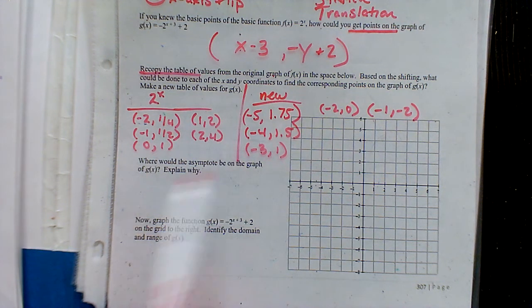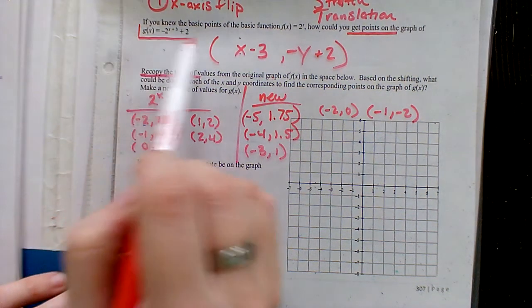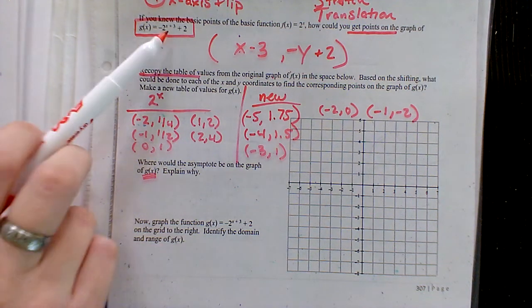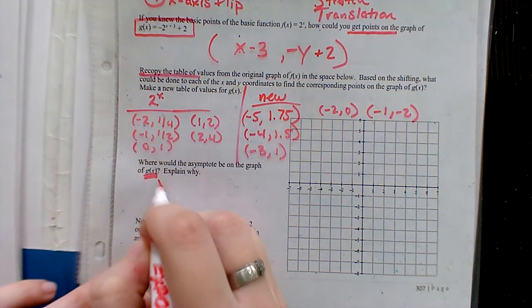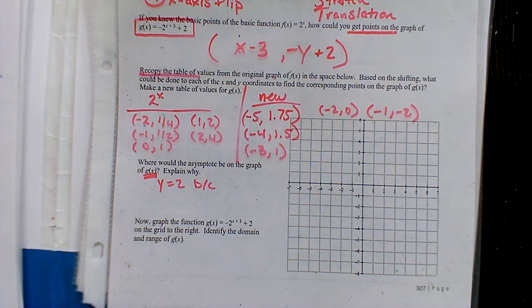Where would the asymptote be on the g of x graph? So the g of x is right here. That's the new equation that we have after all these different changes to the parent. Where's the asymptote for that new function? Yeah, 2. How'd you know? Because instead of having nothing added on to the whole exponent group, there's 2 added on.